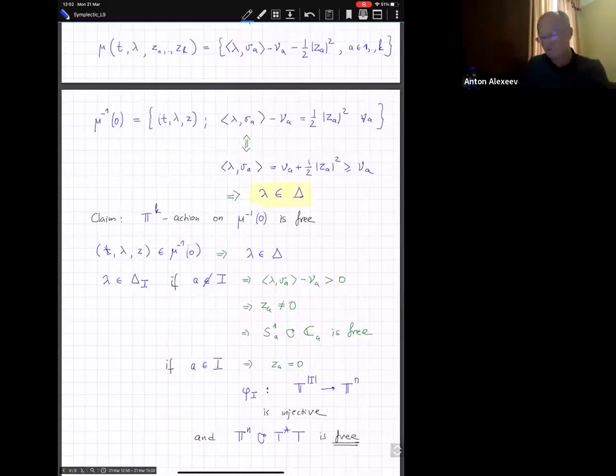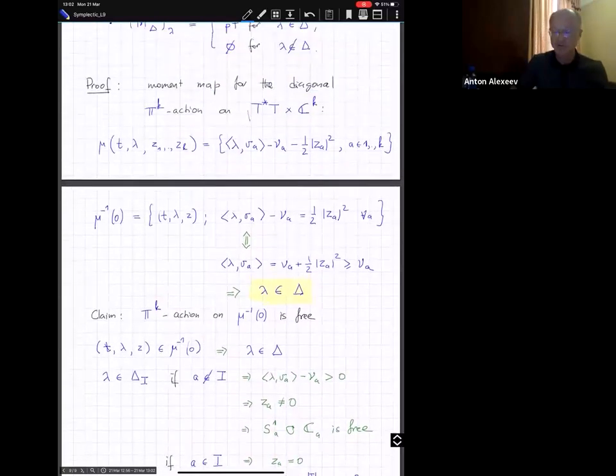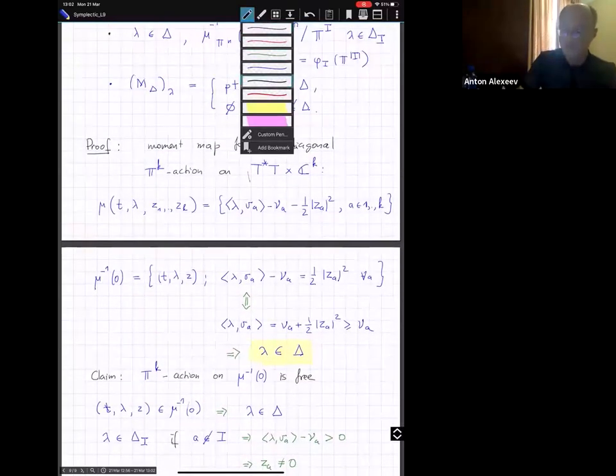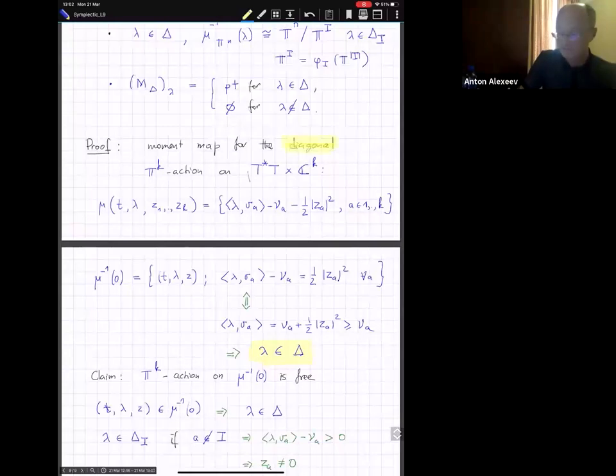So therefore, for all those components where ZA is 0, we consider the diagonal TK action, right? And so for some of the circles, the action is free on the second component, and for the others, it's free on the first component. So for each point in the preimage of 0, you can split the circles into two families.